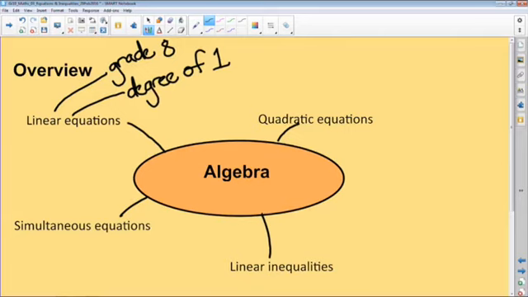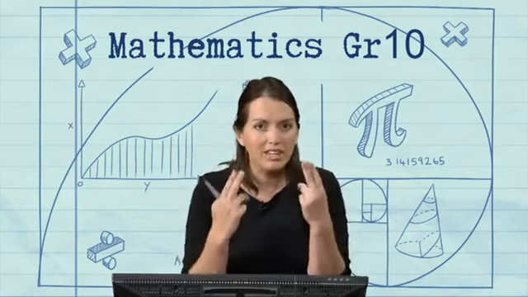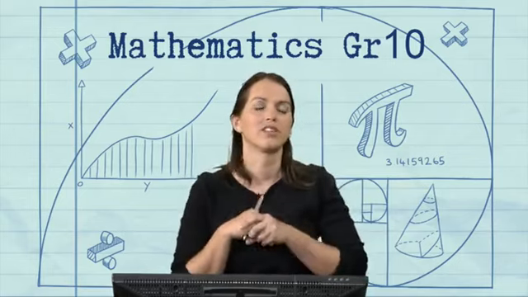Now, quadratic equations will have a degree of 2. In other words, it's going to have a squared in it. Typically, we see a lot of x squareds, but sometimes we see y squareds and a squareds and b squareds and things like that. Now, grade 10s, I want you to look me in the eyes when you hear this.